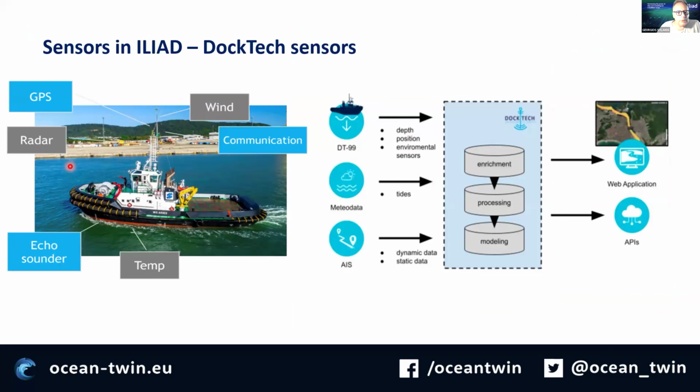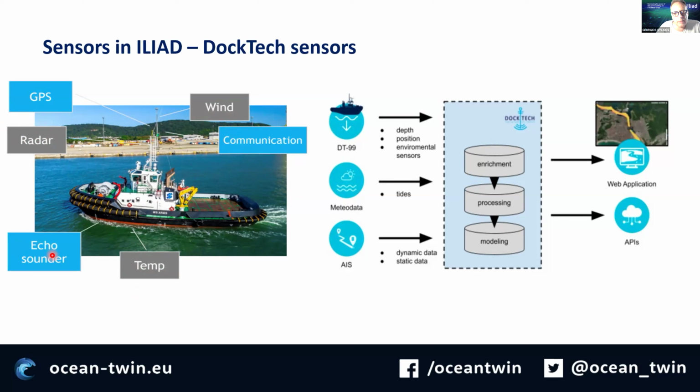Another system which is extremely interesting is that one from Doctech. This is a company from Israel which collects data from tugboats. You see that they use the GPS, the radar, the wind and temperature sensor, the echo sounder, in order to understand the bathymetry of a port.